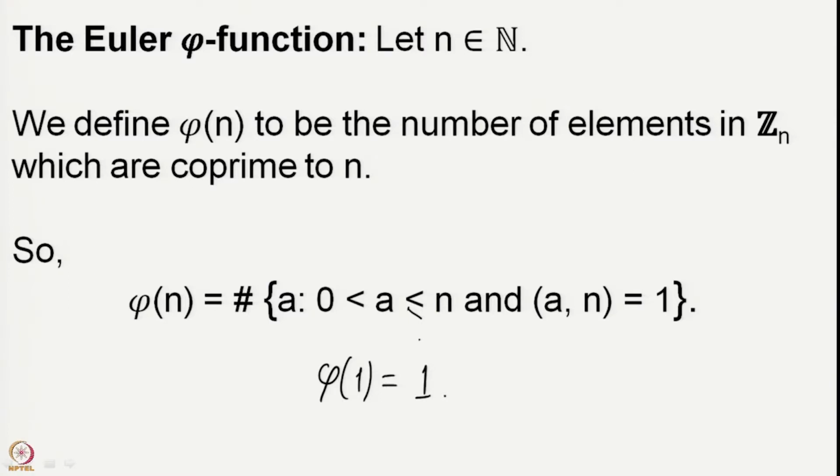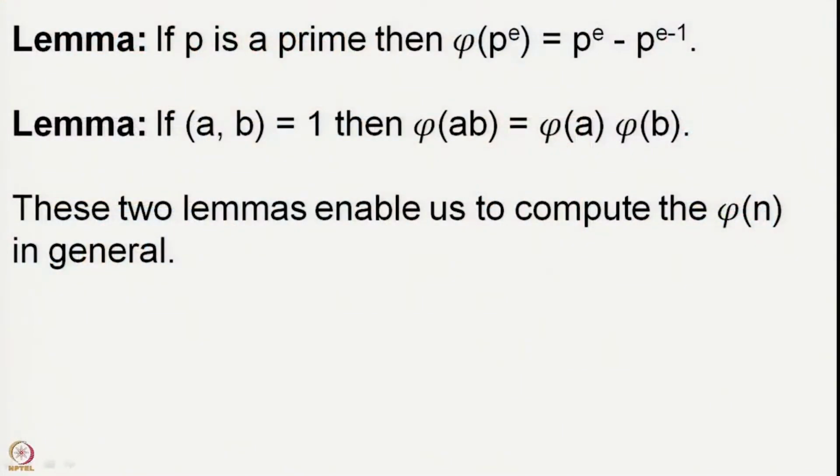So, this is our definition of the Euler phi function, phi n to be the cardinality of all the numbers from 1 to n which are relatively prime to n, and then we saw these two results that whenever your number is a prime power, then the phi function is given by this formula.